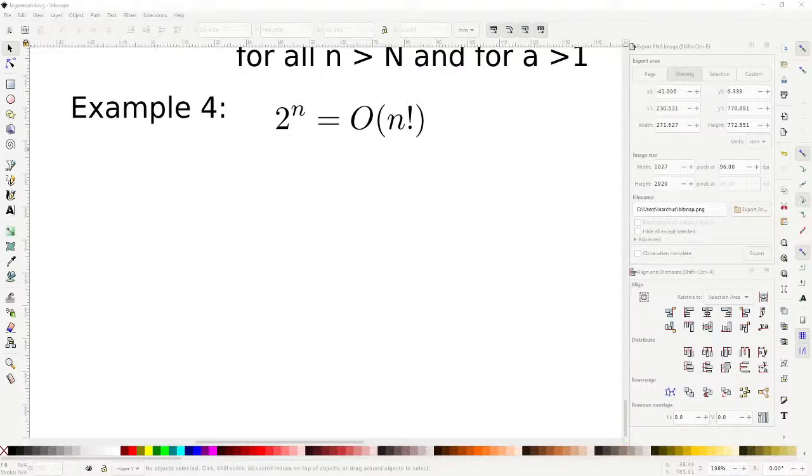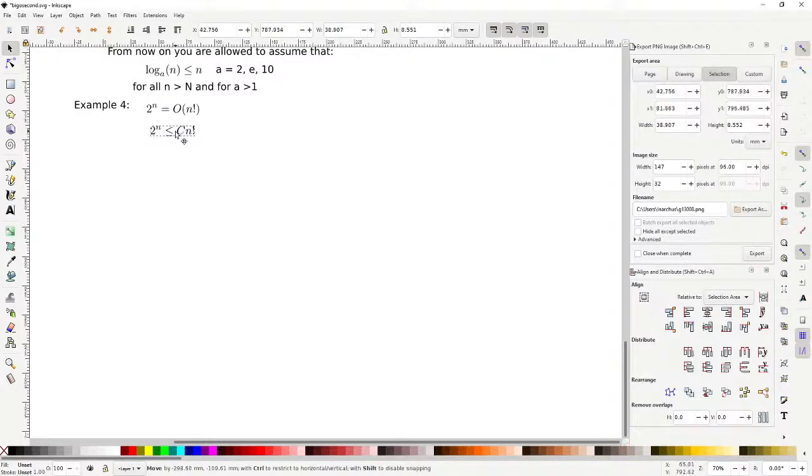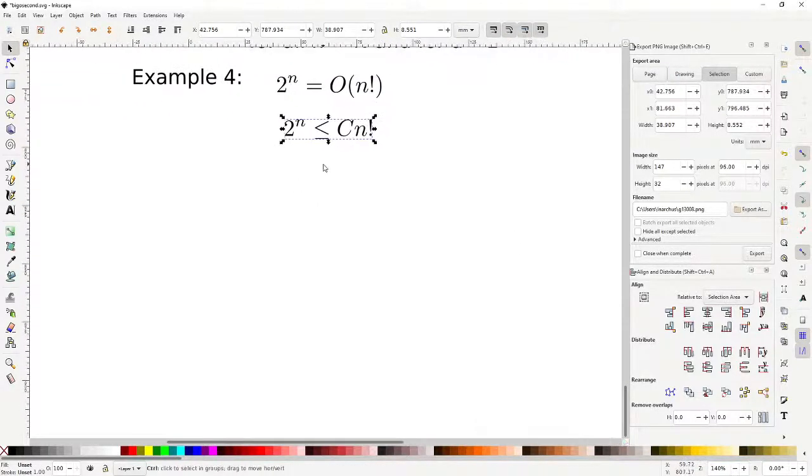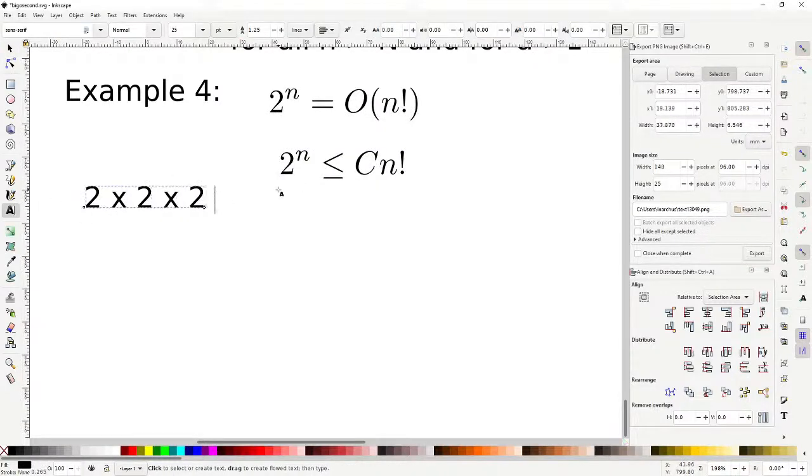Just watch me. I want to show that 2 to the n is less than or equal to c times n factorial. Of course, let's remind ourselves what all these things are. Basically, 2 to the n is equal to 2 times 2 times 2 times dot dot dot times 2. And how many times is that?